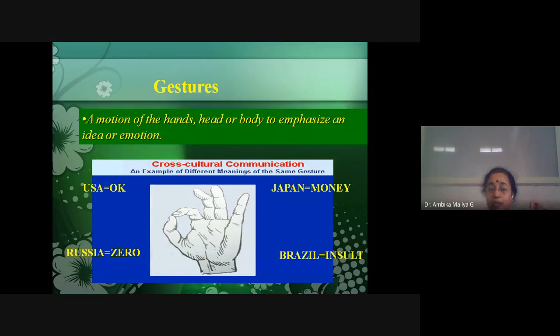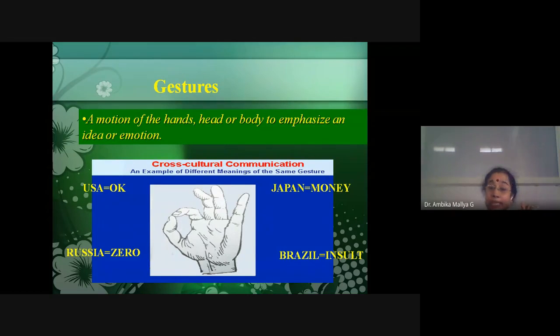So, what is a gesture? A gesture is a motion of either your hands or head or body to emphasize an idea or emotion. Now, look at the example that I have given here. Just one non-verbal gesture, and in the USA it means okay. In Russia it means zero. In Japan it means money, and in Brazil it means insult.